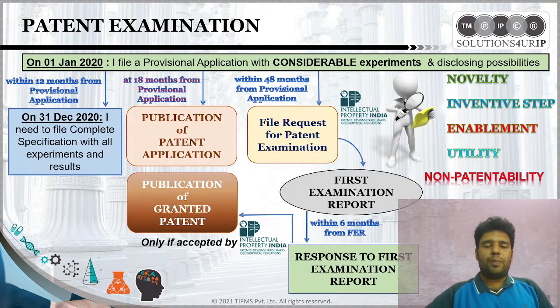But based upon the prior arts that are cited in the patent examination report, you might be required to amend your claims and narrow down the extent and limit of your claims. And you might be required to sacrifice or give away some aspect or protection in the claims.